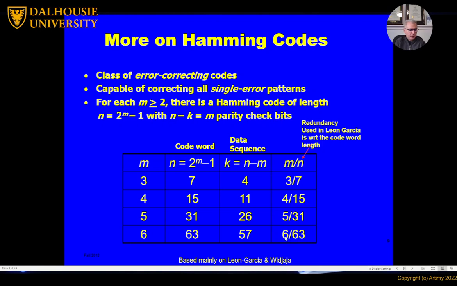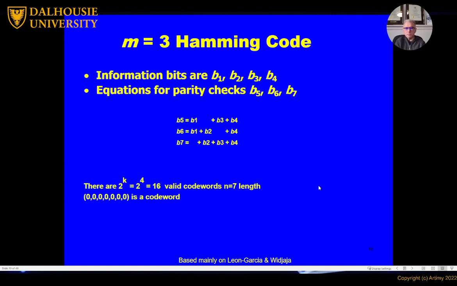And here, finally, it is less than 1/10, right? So we increase the size of the word so that the redundancy becomes less. So these are more efficient, because we are not losing a lot of bandwidth just for redundancy.